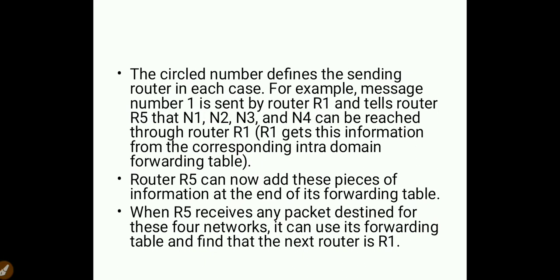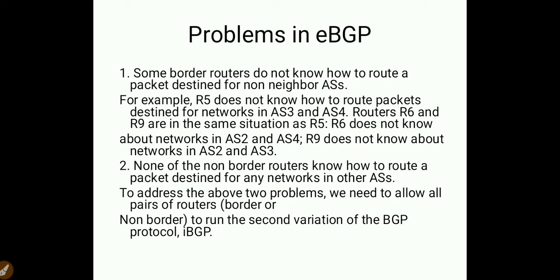The same scenario is given in points of what we have discussed. The main problem in eBGP is what we discussed first. The border routers don't know how to route a packet to any autonomous system that is not directly connected. If an autonomous system is available but not directly connected to my border, how can I communicate? Next, none of the non-border routers, the normal routers, know how to route a packet to any network in the autonomous system.